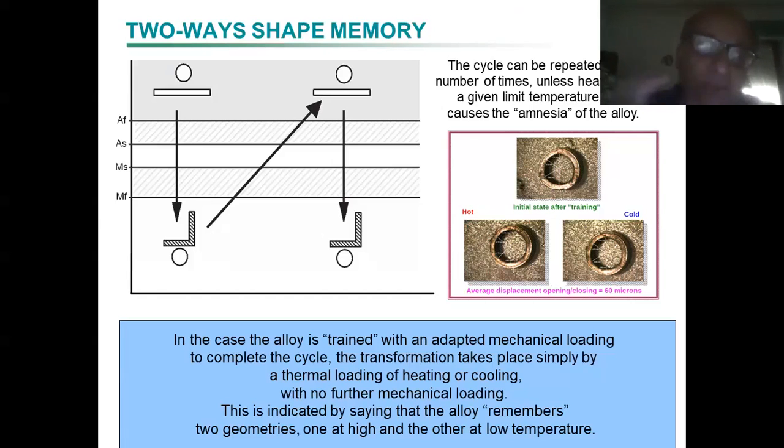This is useful, for example, when you need to heat something up to close it or to open it.